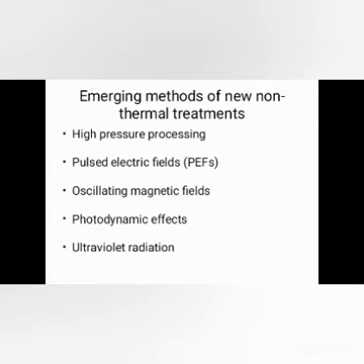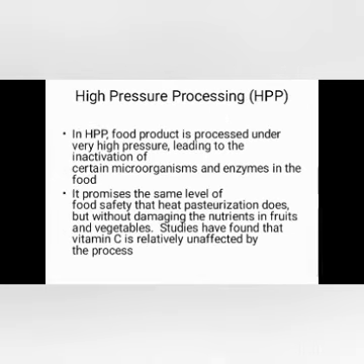The next methods are the new methods that are emerging that are non-thermal treatments. These are new non-thermal treatments that are used for preserving food. The first of them we're talking about is the high hydrostatic pressure, followed by the pulsed electric fields, oscillating magnetic fields, and photodynamic effects. The high pressure processing method is also known as pascalization.